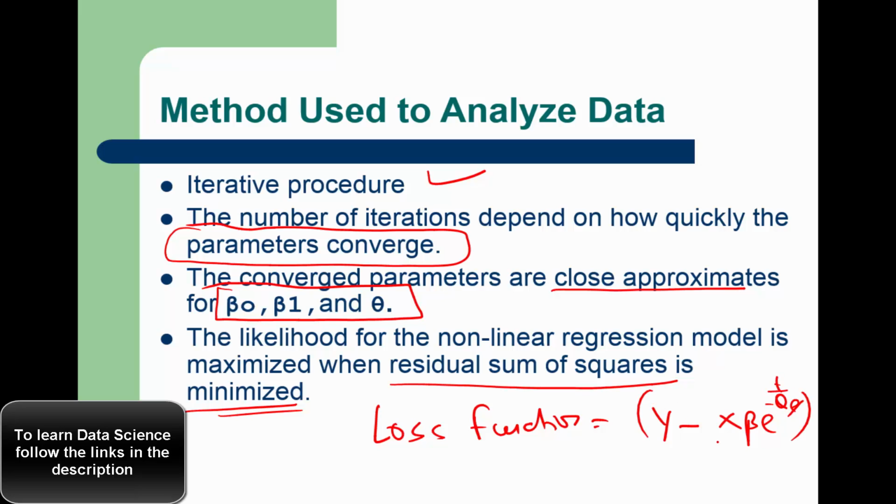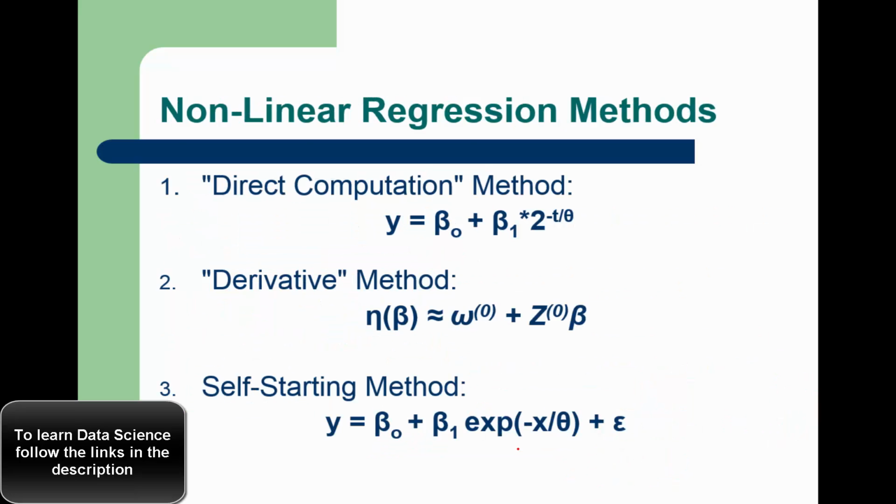So that's the loss function, and you can take the square of that, which gives you the residual sum of squares. So iteratively you find out the beta naught, beta 1 and theta for which the residual sum of squares, or the loss function, is minimum. That's the way you optimize the algorithm to find out the parameter values.